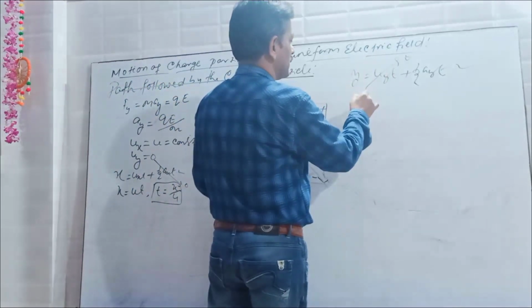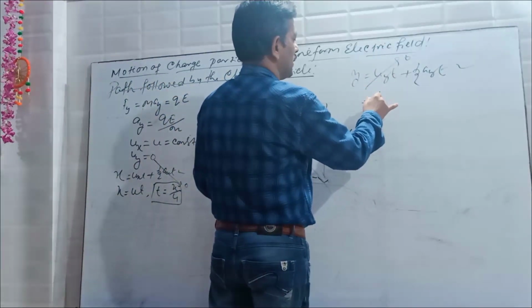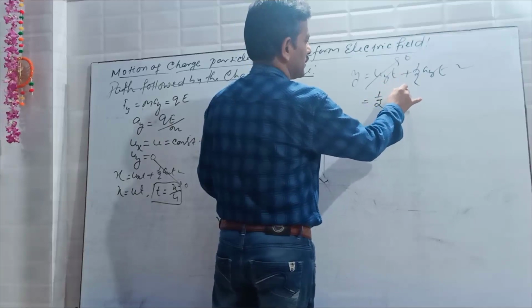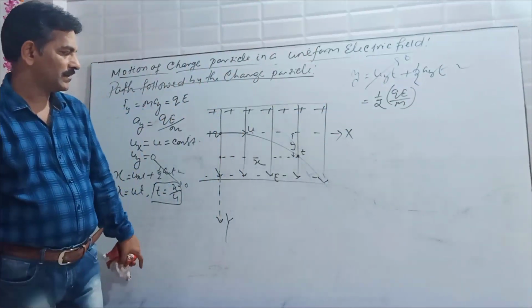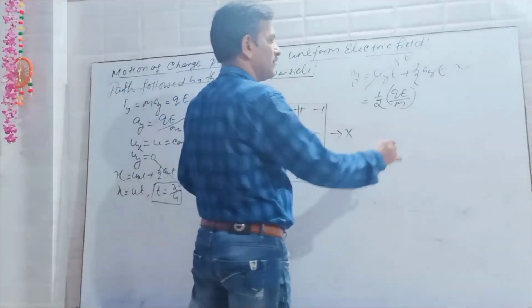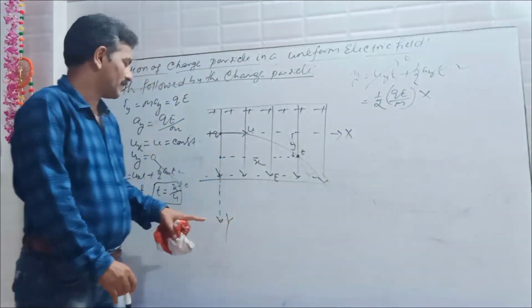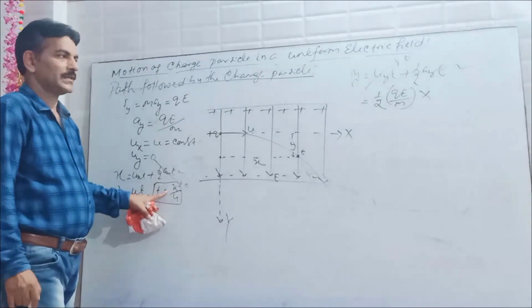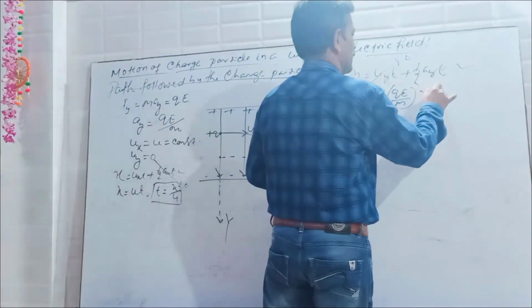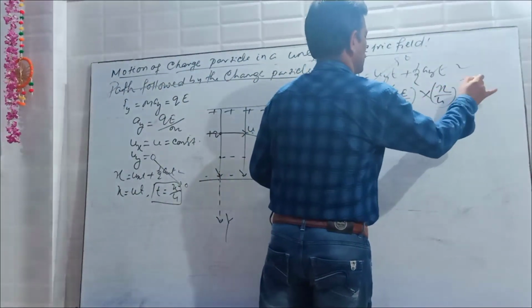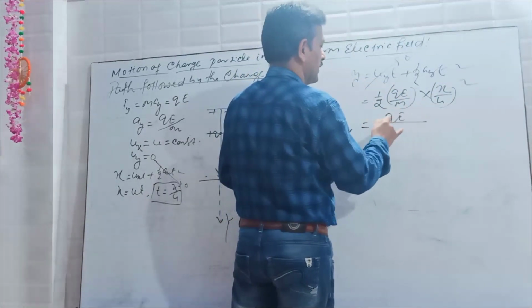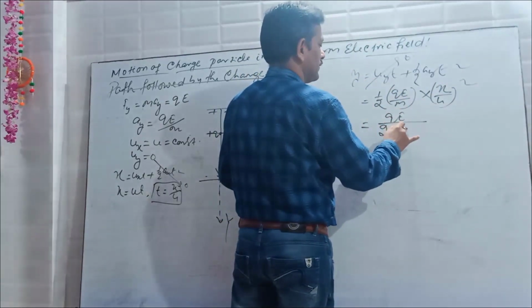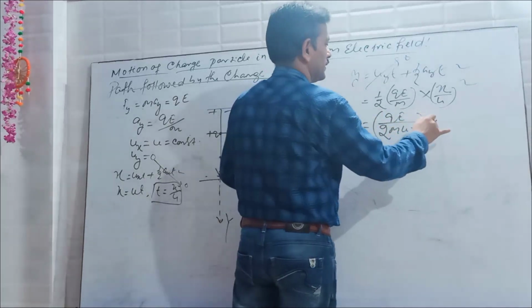So y equals half ay, where ay is qE by m, the acceleration along the y axis. Put the value of t as x by u, squared. So you get y equals qE by 2m u square into x square.